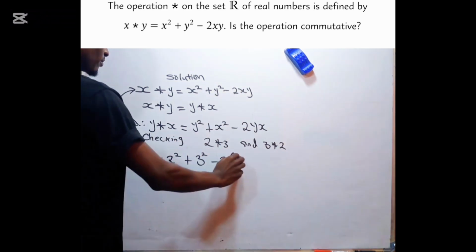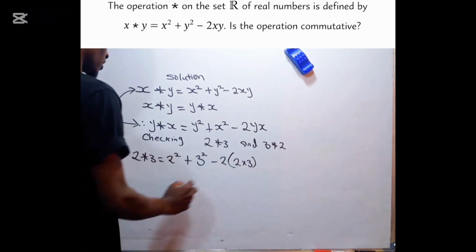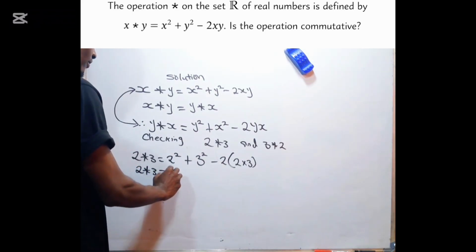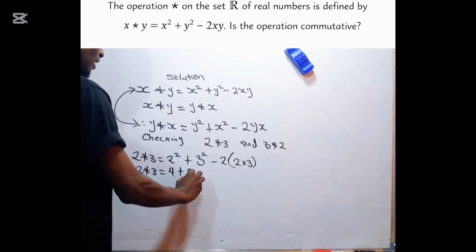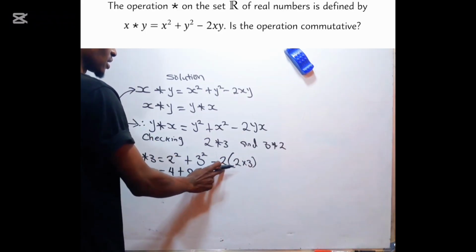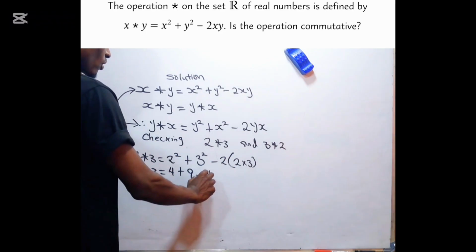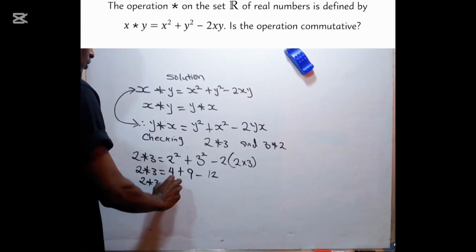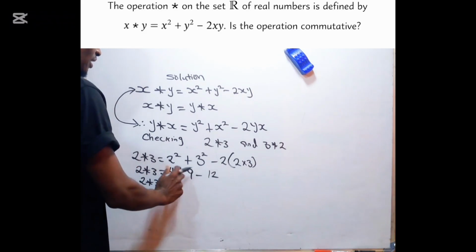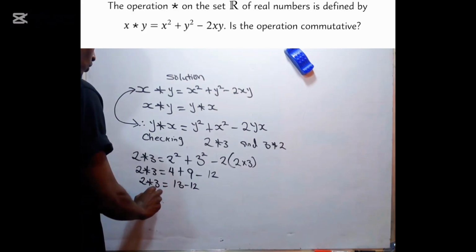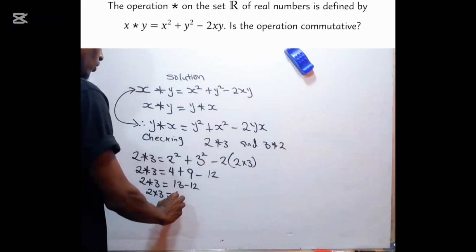So 2 asterisk 3 will be 4 plus 9 minus 2 times 3, 6, 6 times 2, 12. So 4 plus 9, that's 13, minus 12. So 2 asterisk 3 is equal to 1.